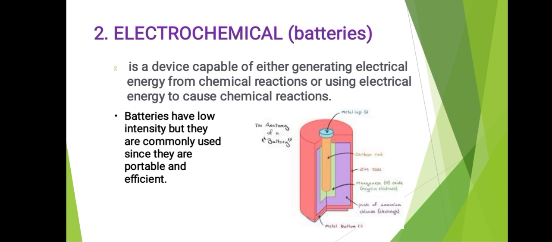Some are rechargeable while some are not. Batteries are devices that store and convert chemical energy into electrical energy, sa mauni siya. Batteries have low intensity, but they are commonly used since they are portable and efficient.